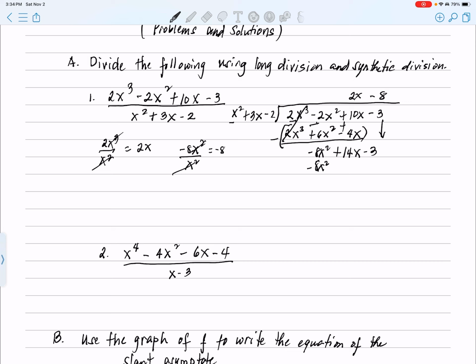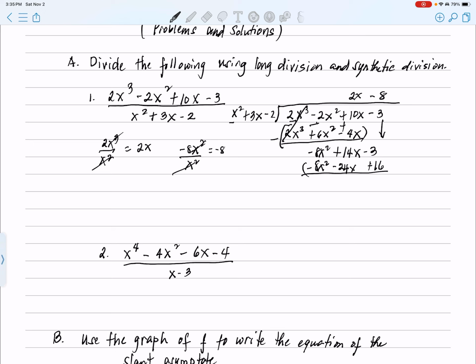Negative 8 times 3, that's negative 24x. Negative 8 times negative 2, that's positive 16.